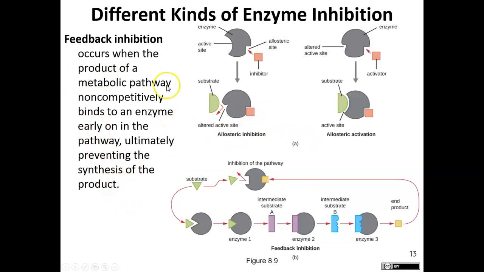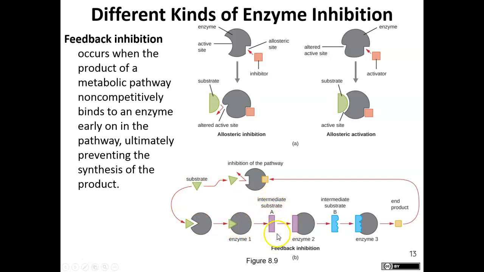So feedback inhibition occurs in metabolic pathways when one of the products that are produced stops the metabolic pathway. And so here we have enzyme 1. Enzyme 1 binds to a substrate. This produces a product.